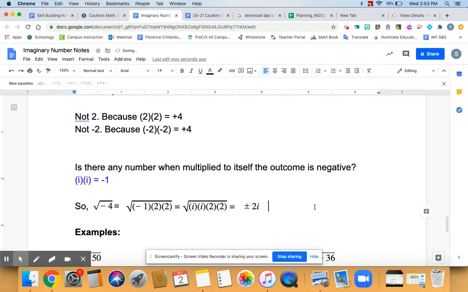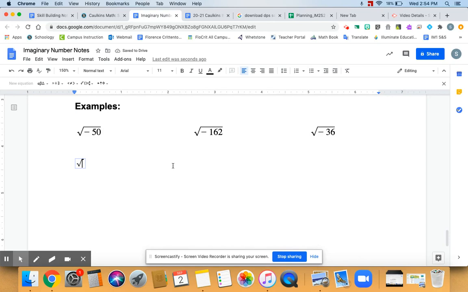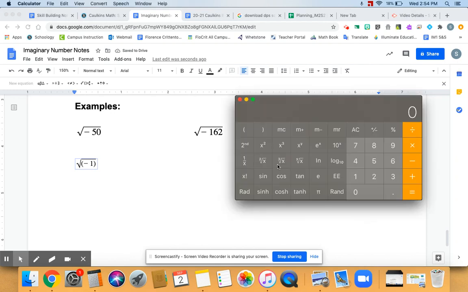So let's do some examples. The negative can always split away from the number by dividing by -1. I'll show you. If I have -50 like this, and I divide it by -1 and press equal, the answer becomes +50.